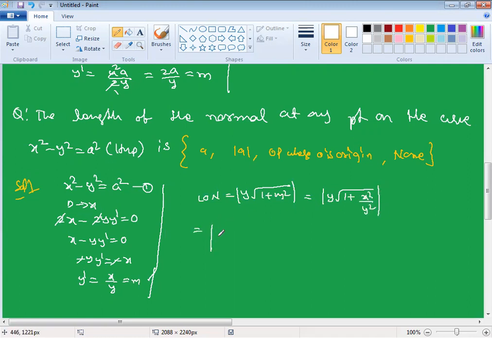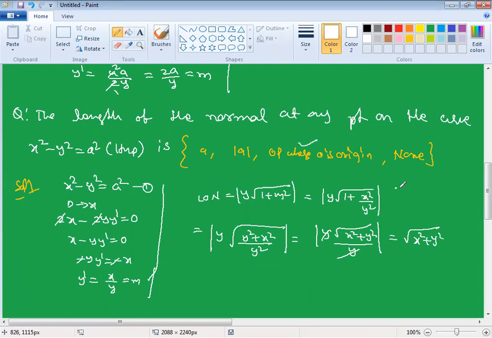Mod y root over, if you take the LCM you will get y square plus x square by y square, which is equal to mod y root over x square plus y square by y, the root y square cancels, y cancels, and you get root over x square plus y square.